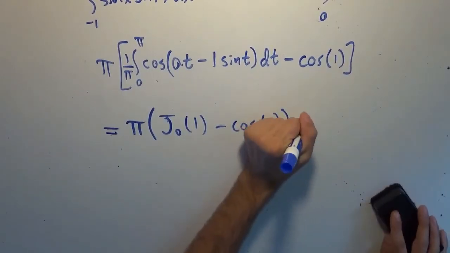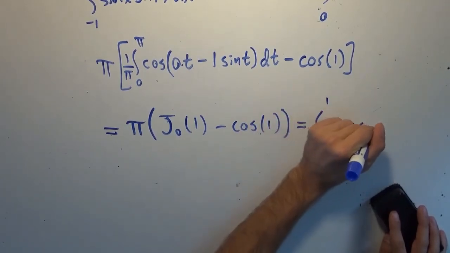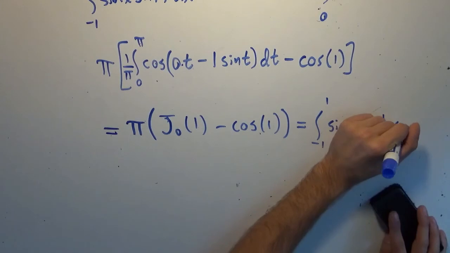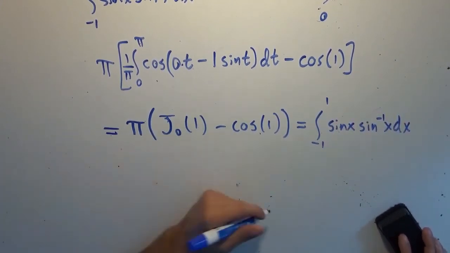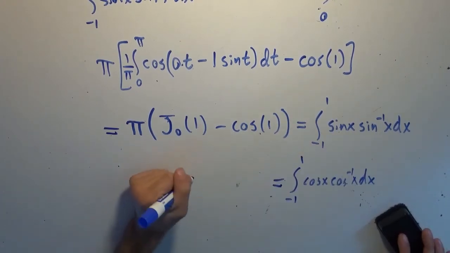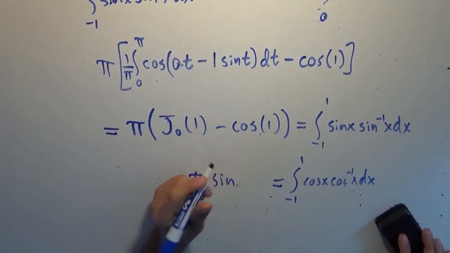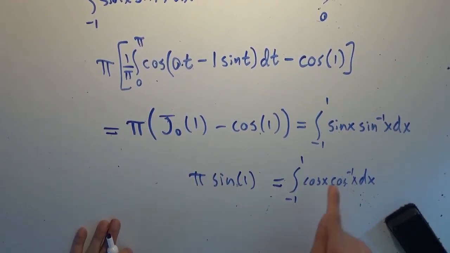Compared to the other one that BlackpenRedpen did, which equals pi times the sine of 1. So that was what he showed, and this is what I'm showing in this.